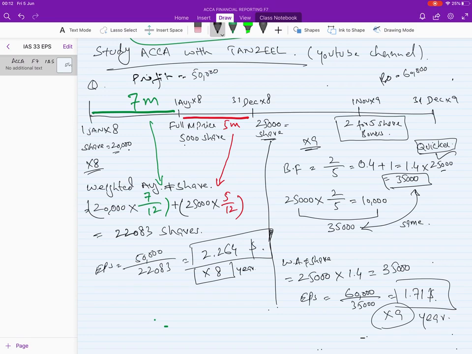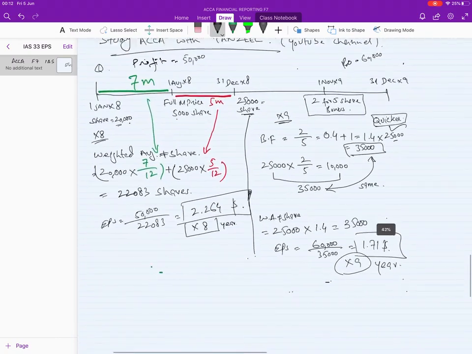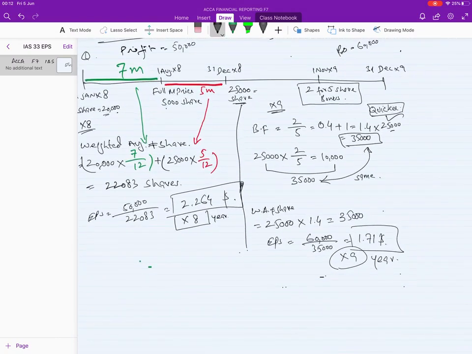Okay, now let's calculate the restated EPS. How will we calculate restated EPS? We have already studied it. Restated EPS is equal to last year's EPS multiplied by 1 divided by BF.